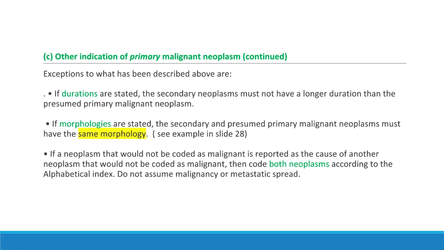Additionally, if morphologies are stated, both the secondary and primary malignant neoplasm should share the same morphology. And if a neoplasm not typically coded as malignant is implicated as causing another such neoplasm, both should be coded according to the alphabetical index without assuming malignancy or metastatic spread.